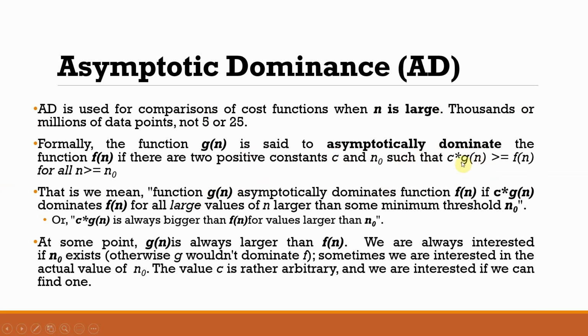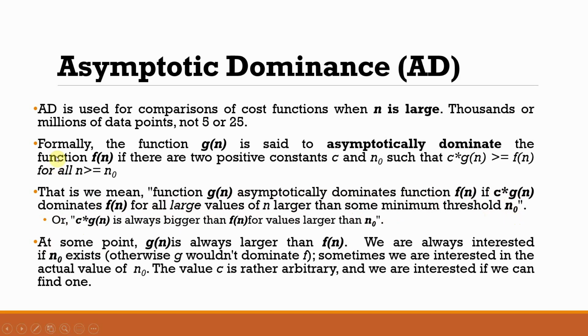Basically it means that this function is going to be the upper bound of f of n for any n bigger than a certain n sub 0. So we mean that function g of n asymptotically dominates function f of n if c times g of n dominates f of n for all large values of n larger than some threshold value n sub 0.